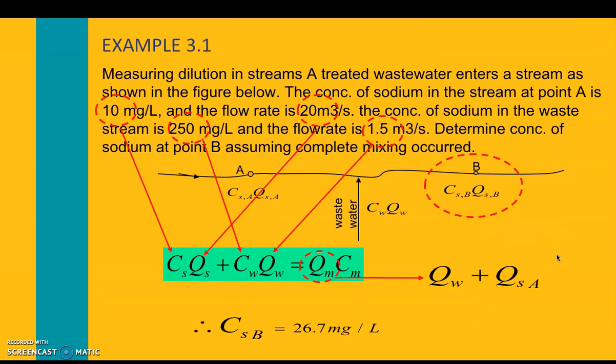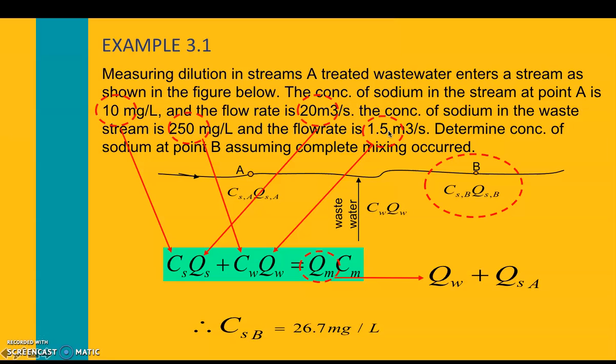So let's have a look at example 3.1. From this example, we can see that wastewater enters the stream at a concentration of 250 milligram per liter and a flow rate of 1.5 meter cube per second.